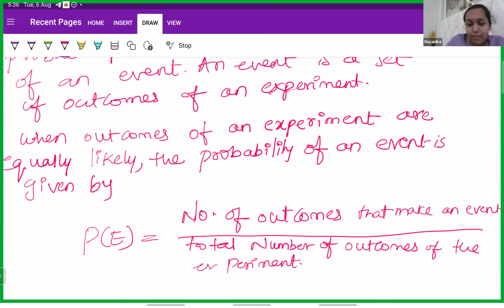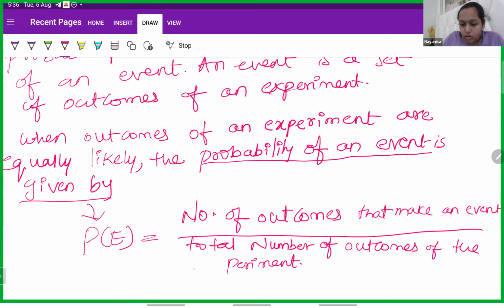Sir, what does E mean? P(E). E is the probability of an event. Okay. Done? So just 1 minute, sir.